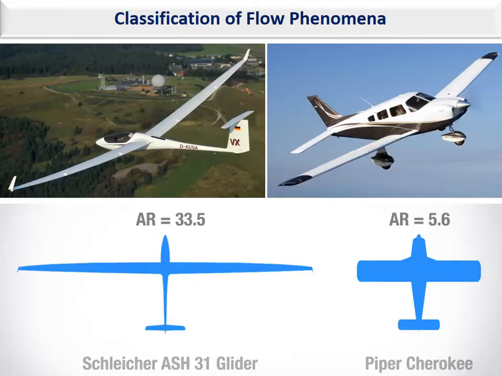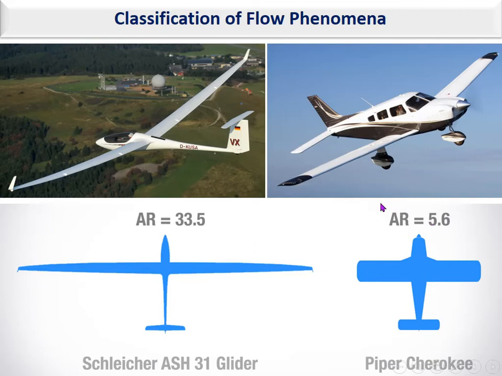I am showing here two types of aircraft. The one on the left is a glider with a very high aspect ratio, but the one shown on the right is a Piper Cherokee aircraft with a low aspect ratio, which is 5.6.